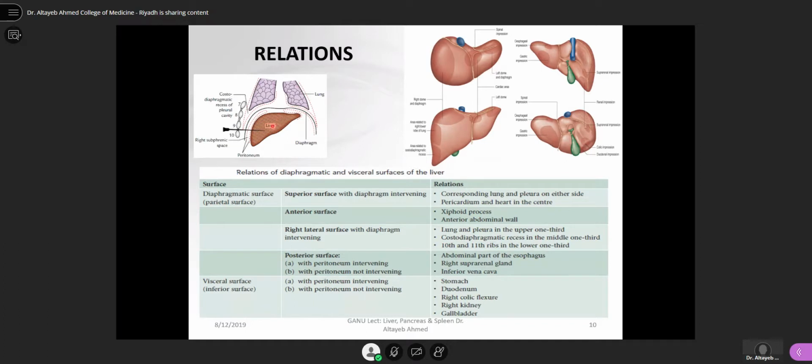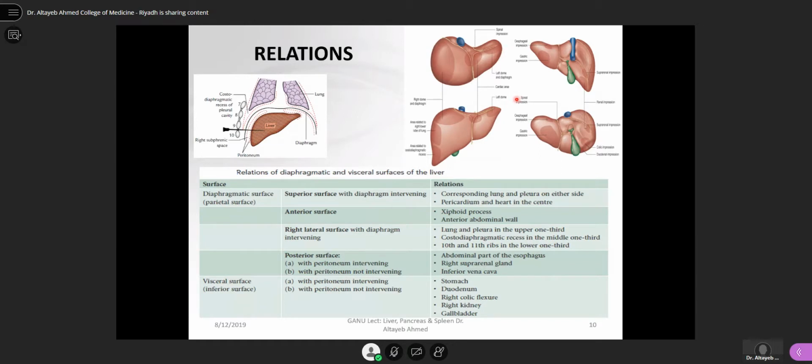Okay, and superiorly, as you can see here, we have the diaphragm. Here we have the cardiac impression, which is due to the right and left ventricles. And posteriorly to that, here we have the right atrium and opening of the inferior vena cava. The left side superiorly is related to the left dome of the diaphragm.